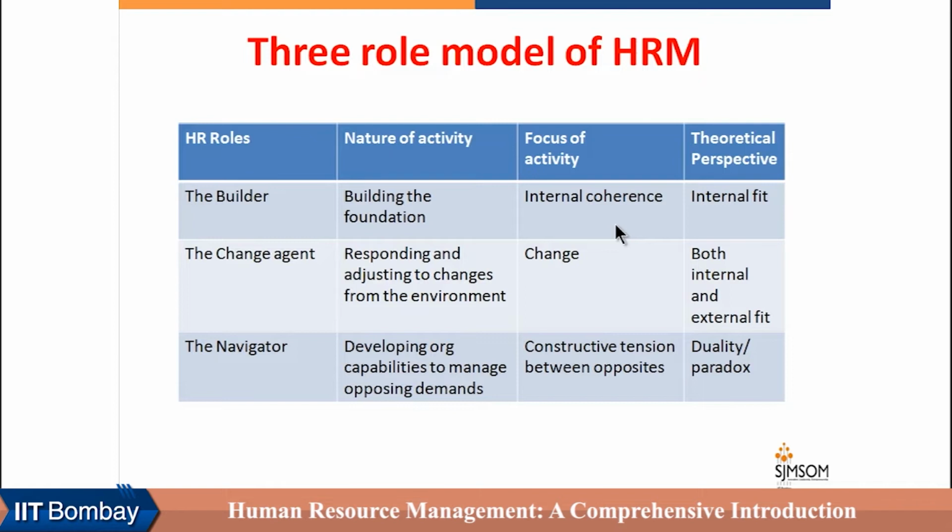On similar lines, the role of HRM in the global or international organization can be understood in 3 ways, or we can also say that HRM plays 3 distinct roles in international firms. What are those roles? Those are the role of a builder, of a change agent, and of a navigator.